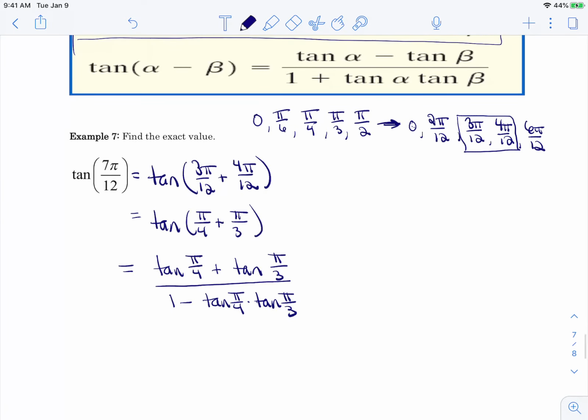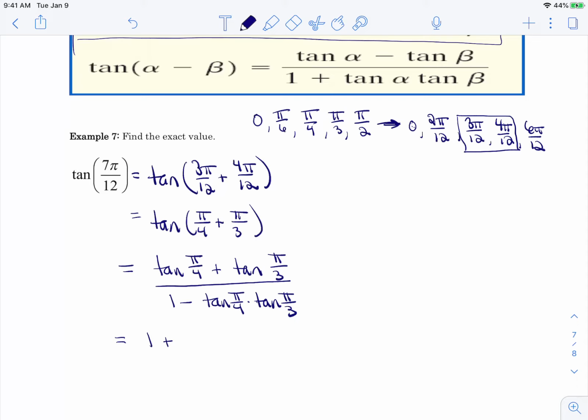Okay, so this takes you to knowing what's on your unit circle, all right? And this was discussed all of Unit 5. So tangent of pi over 4, well, that is 1, right? Because it's root 2 over 2 divided by root 2 over 2. All right, and then I have plus tangent of pi over 3. So this just is really relying on you knowing that unit circle, which is your y values divided by your x values.